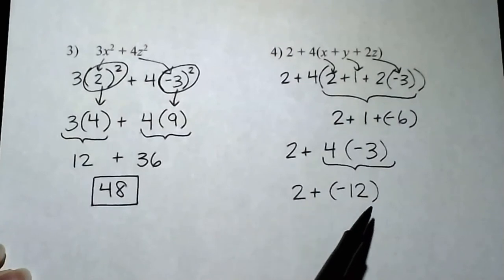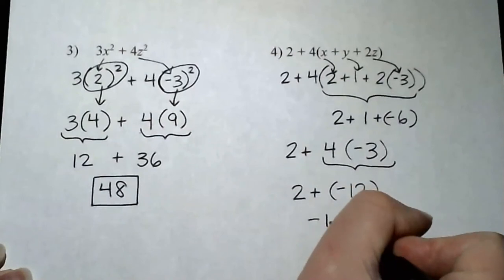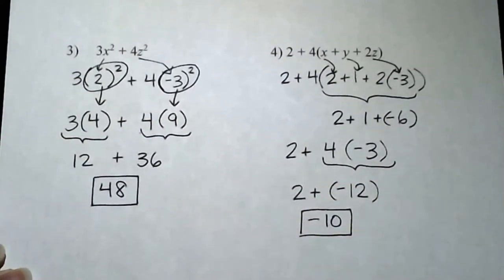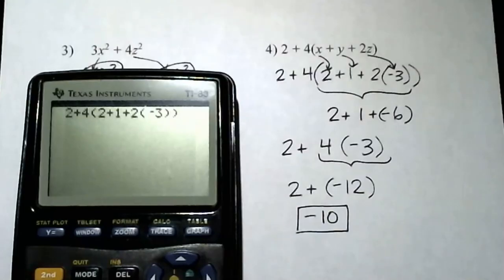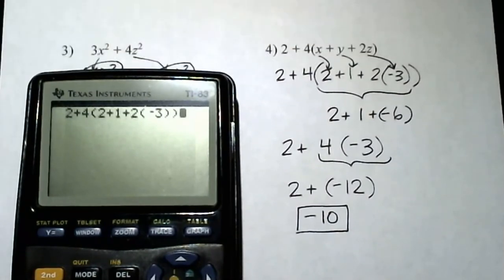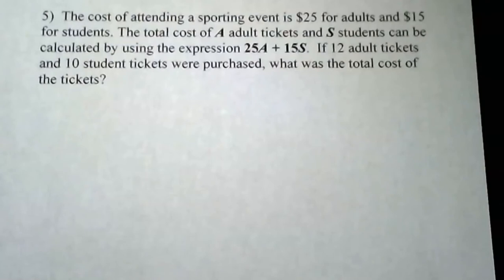Positive 2 plus negative 12 is negative 10. And there's my final answer. Let's check it with the calculator. So I plugged it in the way that I had substituted it in originally. And I get negative 10, so that checks out, and that's done.